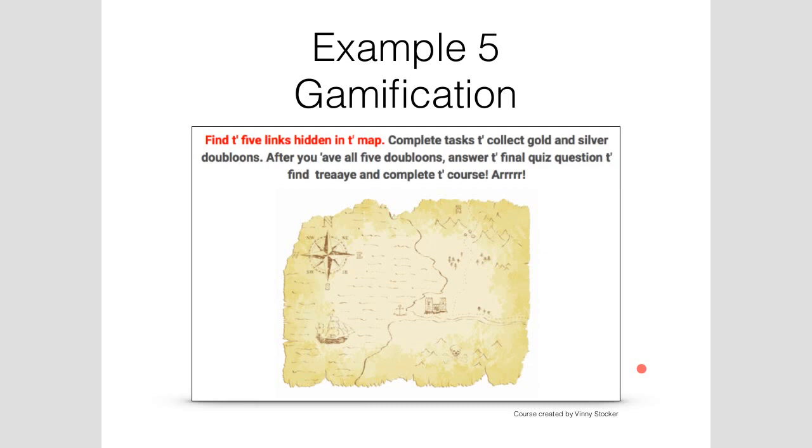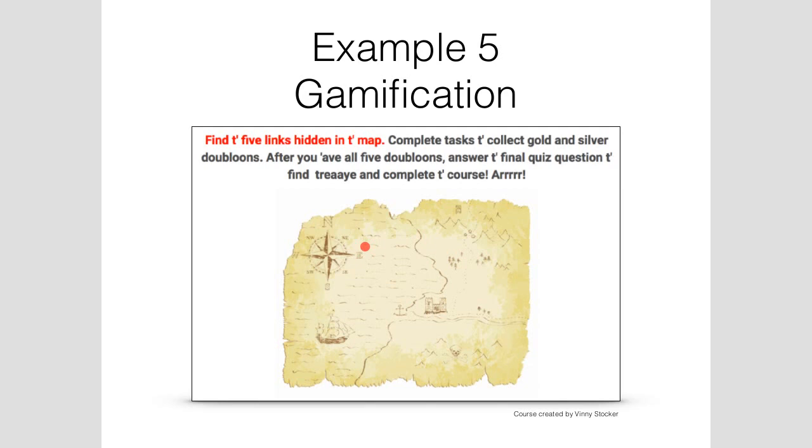The idea is, all you'll see when you first come in is this picture, and it's just a label, an image map. As you go over it, the mouse will change, and these links are linked to orphaned activities in Moodle.